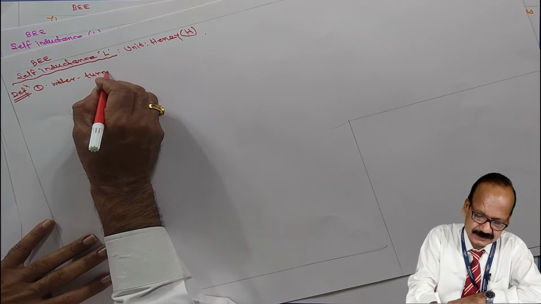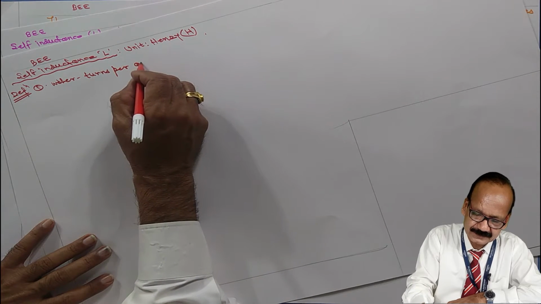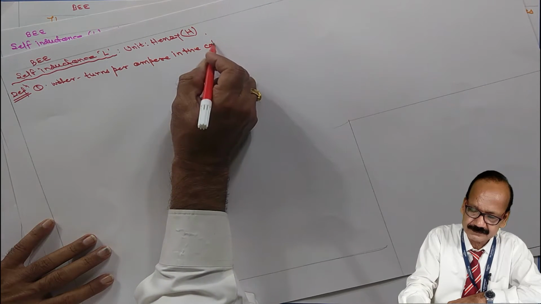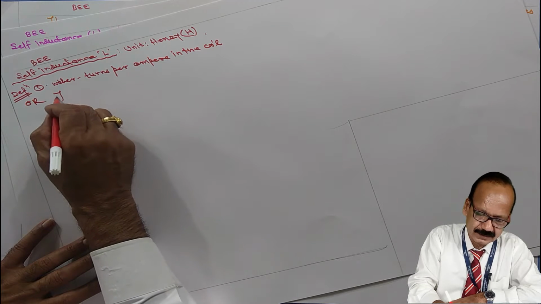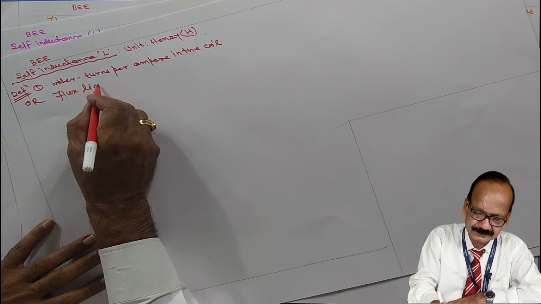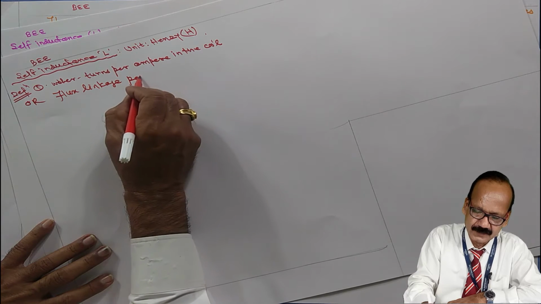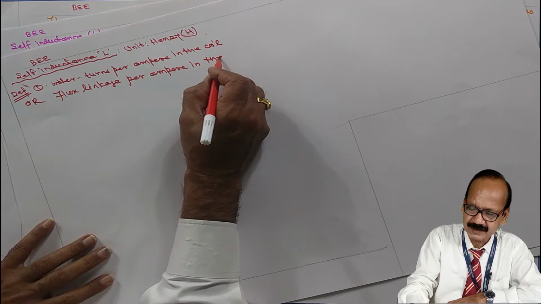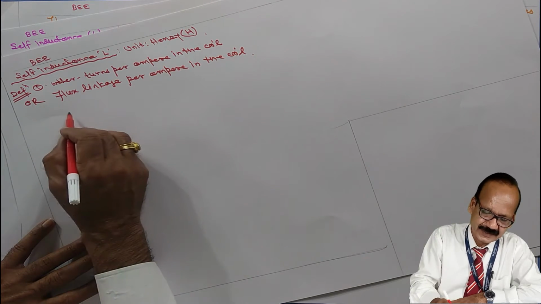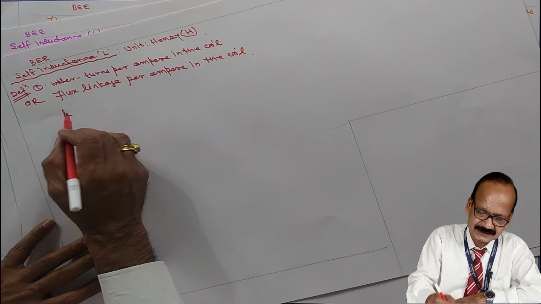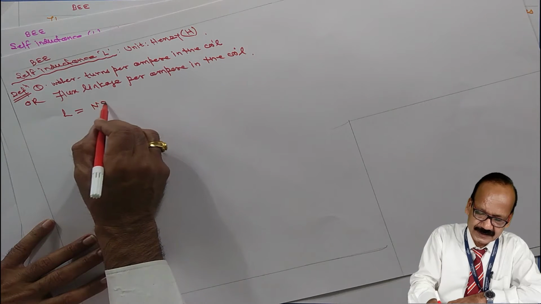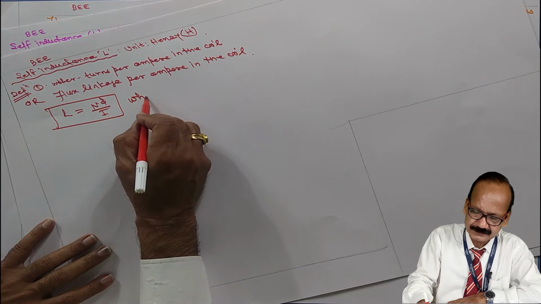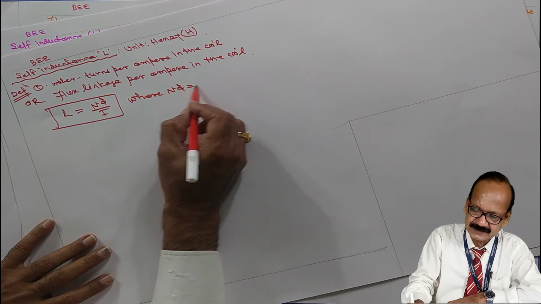Thus we can write self-inductance denoted by L equal to N phi upon I, where N phi is flux linkage in Weber turns.